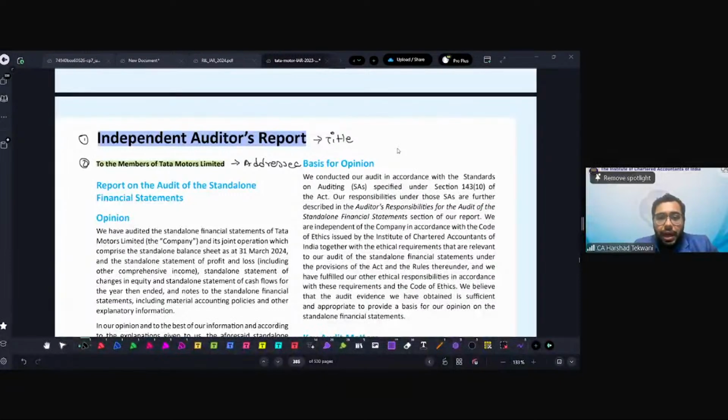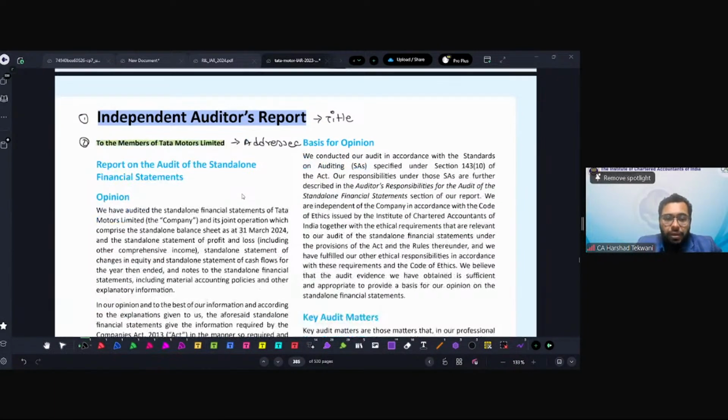Now comes the third point. It starts with your opinion. The first thing that you write in your audit report is your opinion, the auditor's opinion.